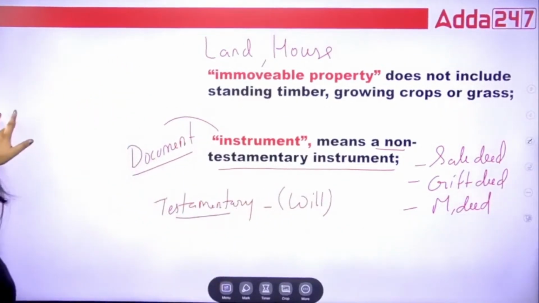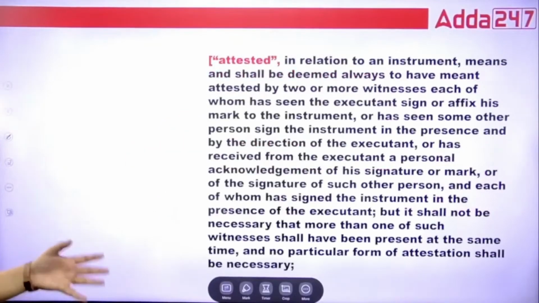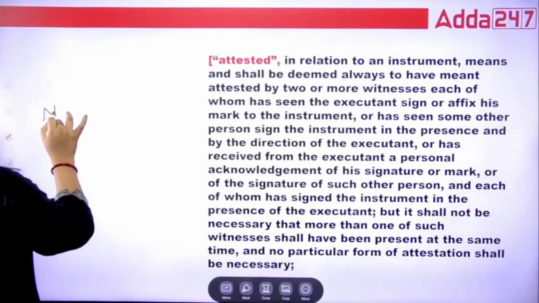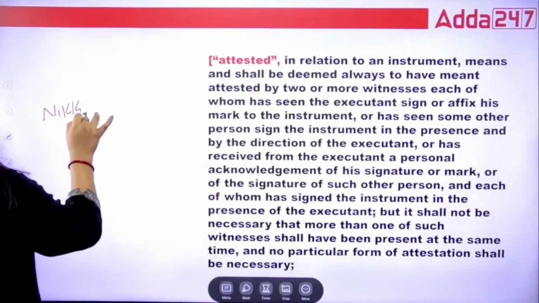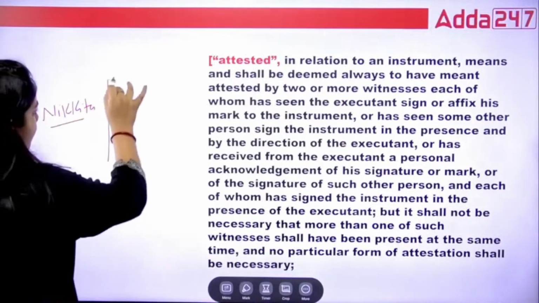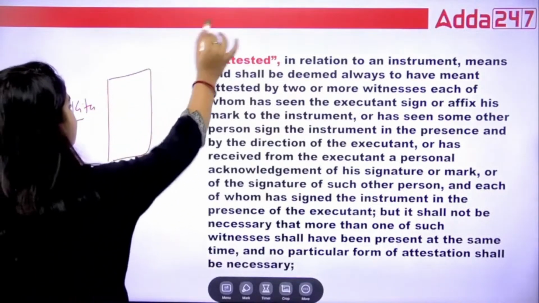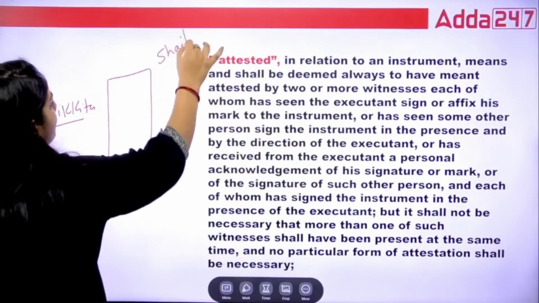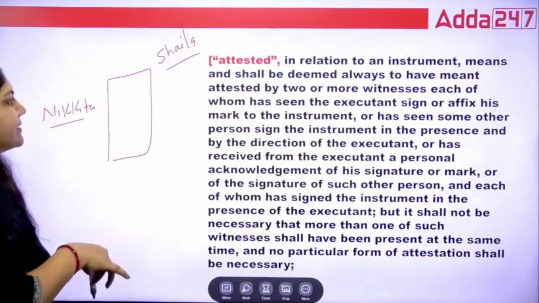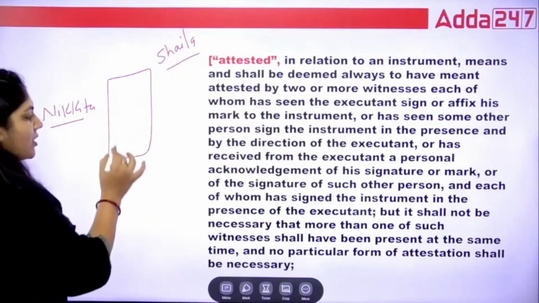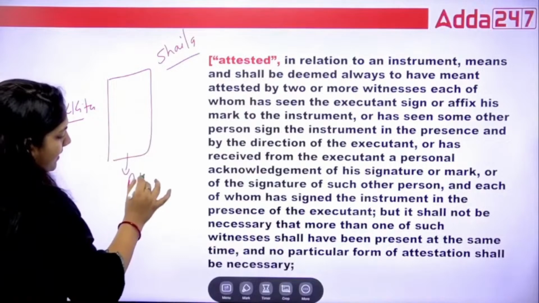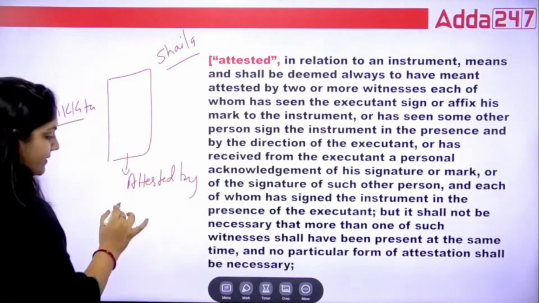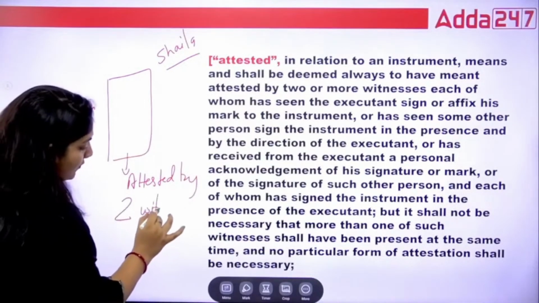Okay. Next one. What is attested? When any document is there, suppose Nikita ma'am is transferring the property to, suppose, Shala ma'am. In that case, this document will be attested by at least 2 witnesses or more.